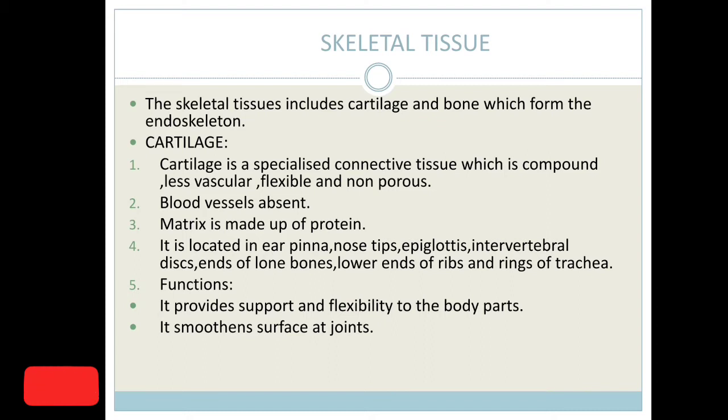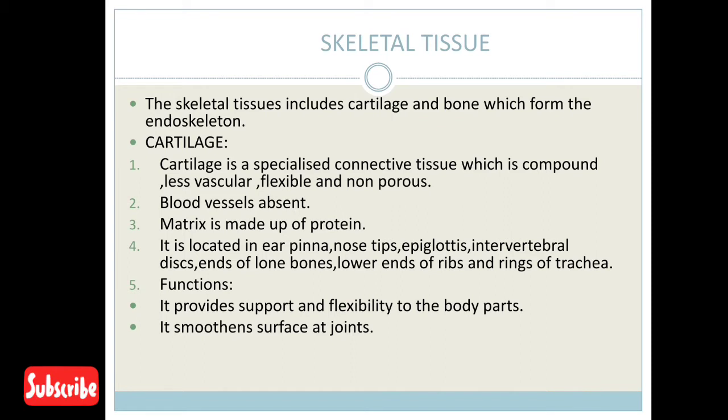This cartilage is found in the ear pinna, nose tip, epiglottis, and the lower ends of ribs.